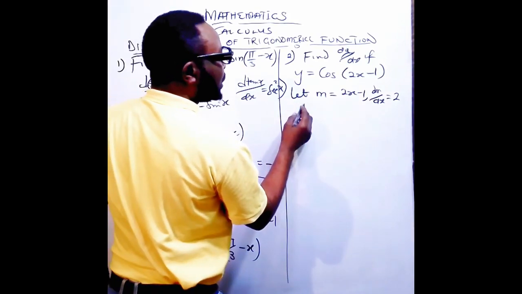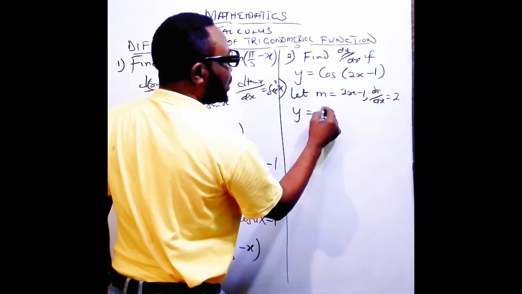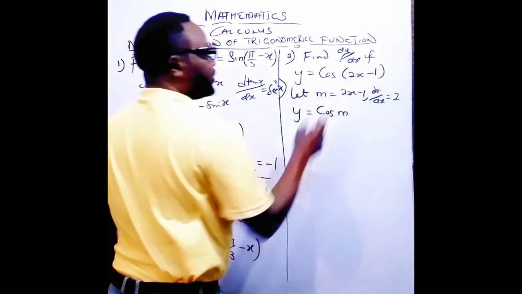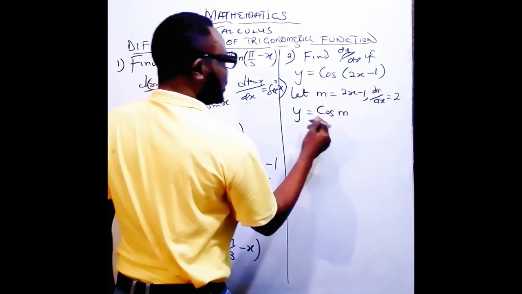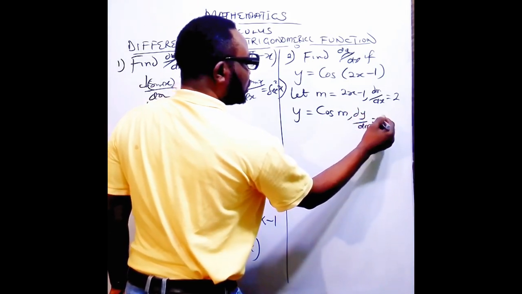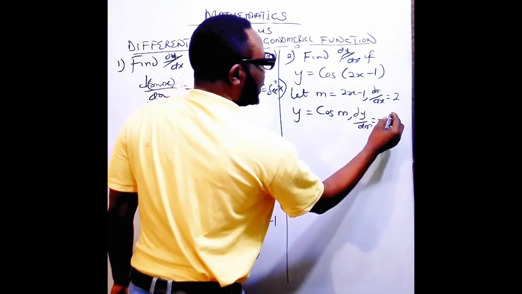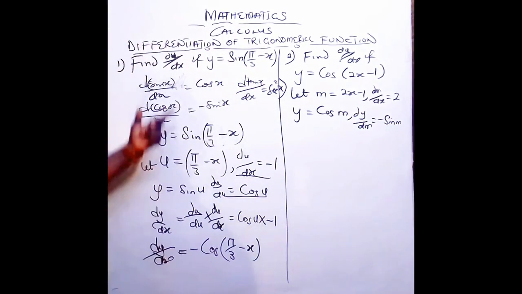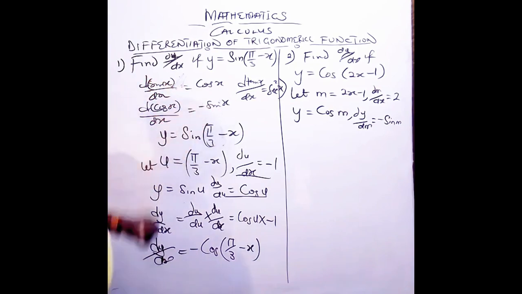So I can go ahead and now say that y is equal to cos m. Since I've represented all this value as m, y is equal to cos m, where dy/dm will be equal to minus sine m. I think you can see there, d/dm of cos m is minus sine m.